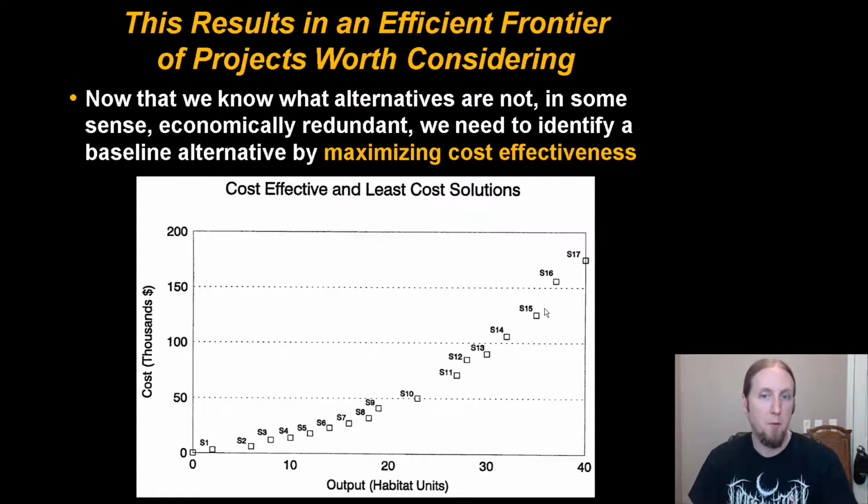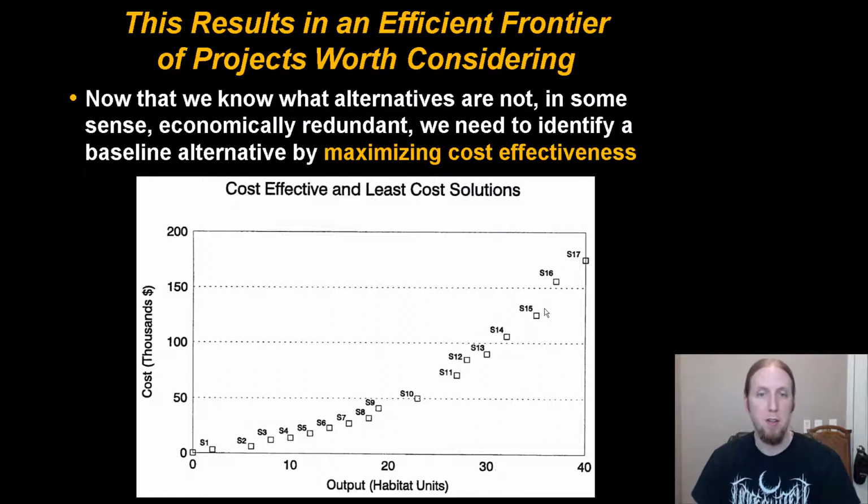This gives us our Pareto frontier of efficient projects that we want to consider. We've gotten rid of alternatives that are redundant in some sense. And so now we need to take this set of potential strategies and identify a baseline for comparison. And we're going to do that by trying to maximize cost effectiveness.